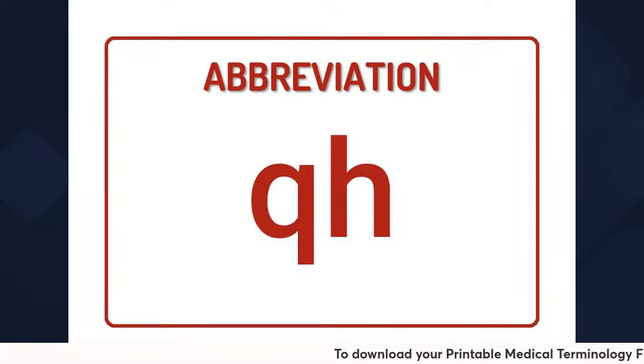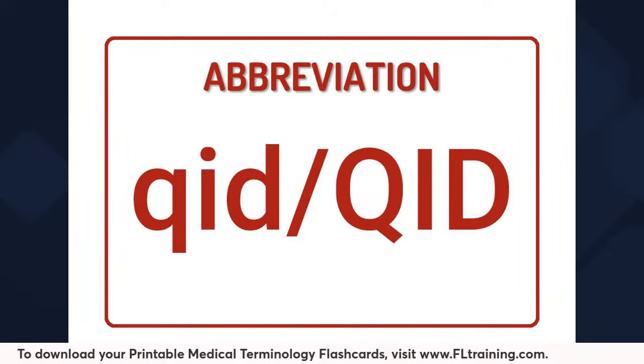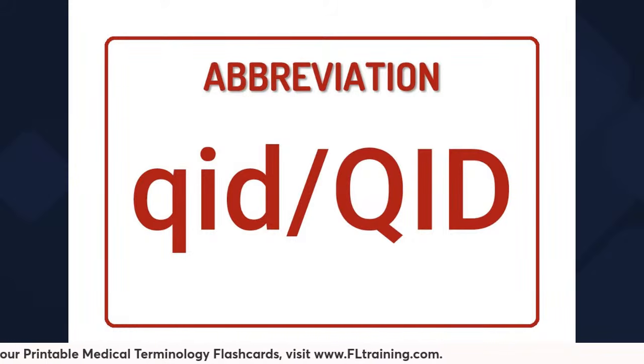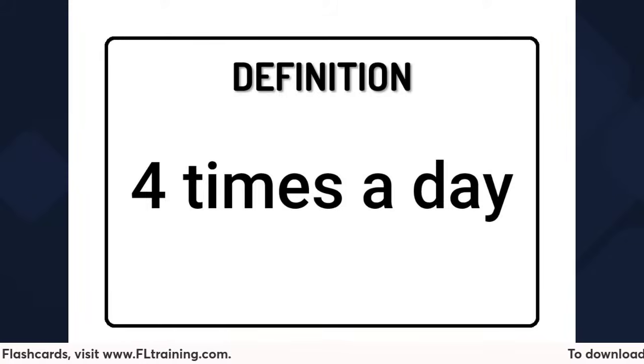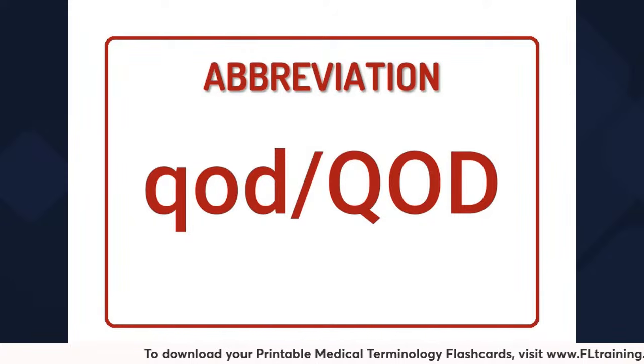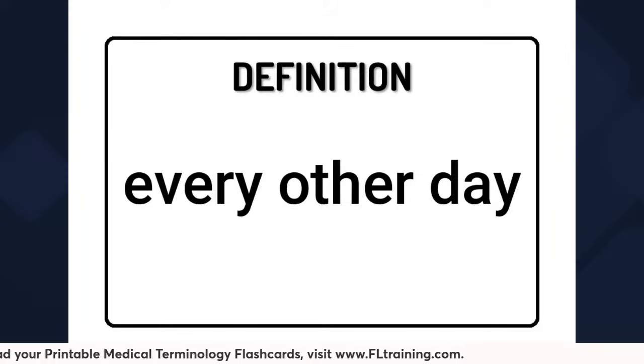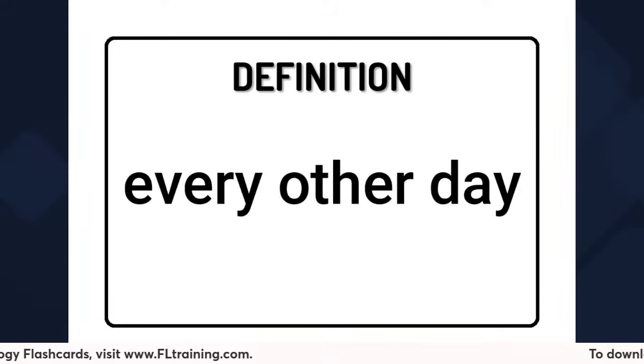QH, I think you're getting it now, is every hour. QID, whether it's lowercase or capitalized, means 4 times a day. QOD is Q is every, O is other. D is day. So every other day.